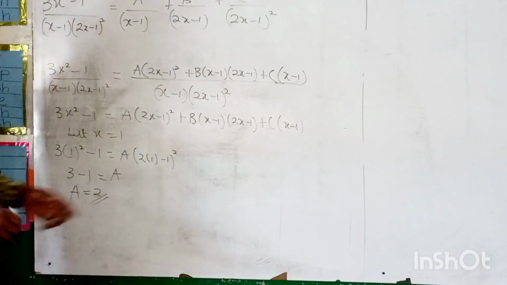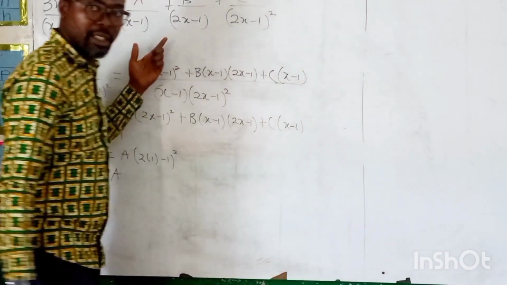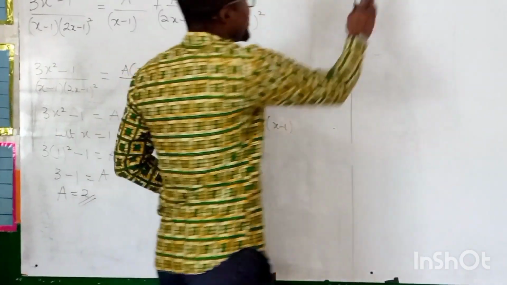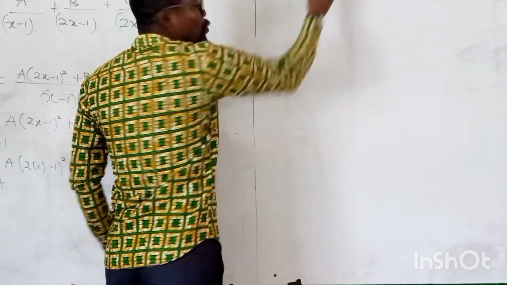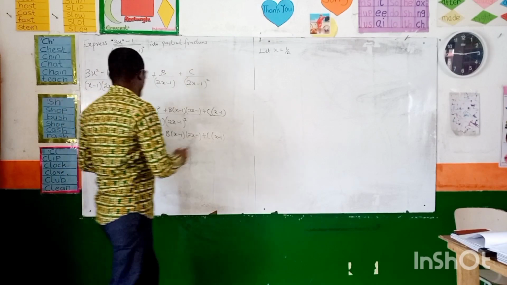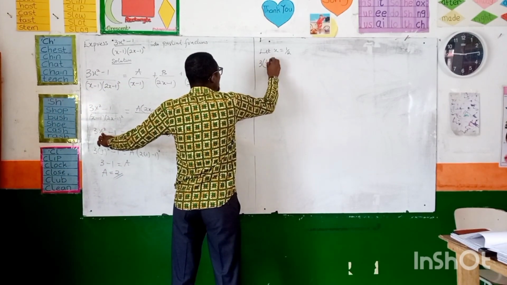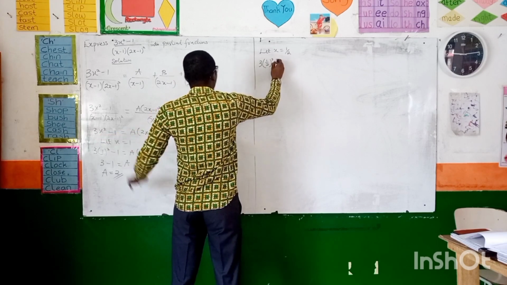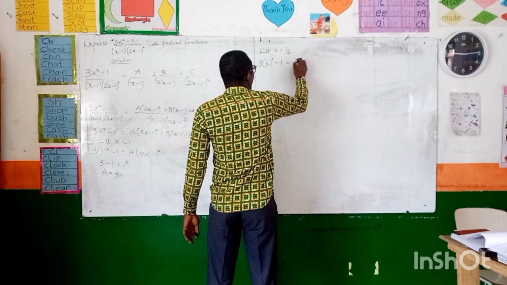Now I want to find my B. So I would say let x be equal to 1 over 2. If x is equal to 1 over 2, then 3 times 1 over 2 squared minus 1 is equal to A into bracket.